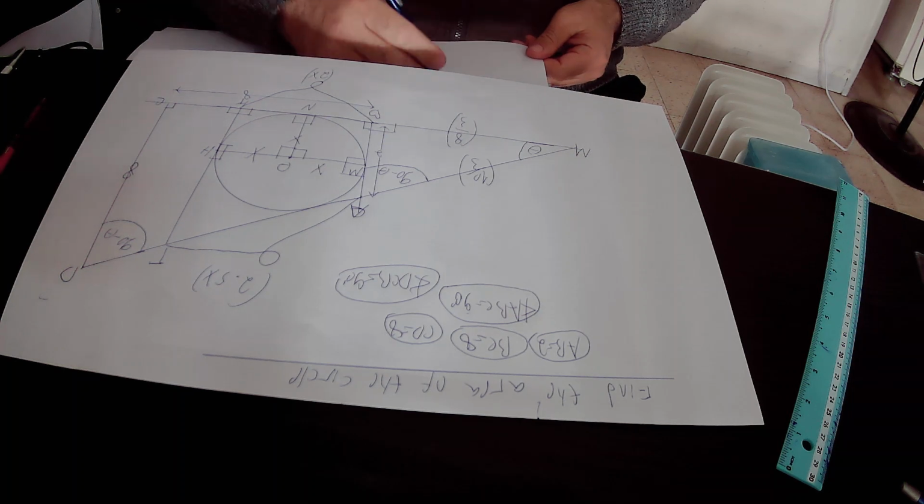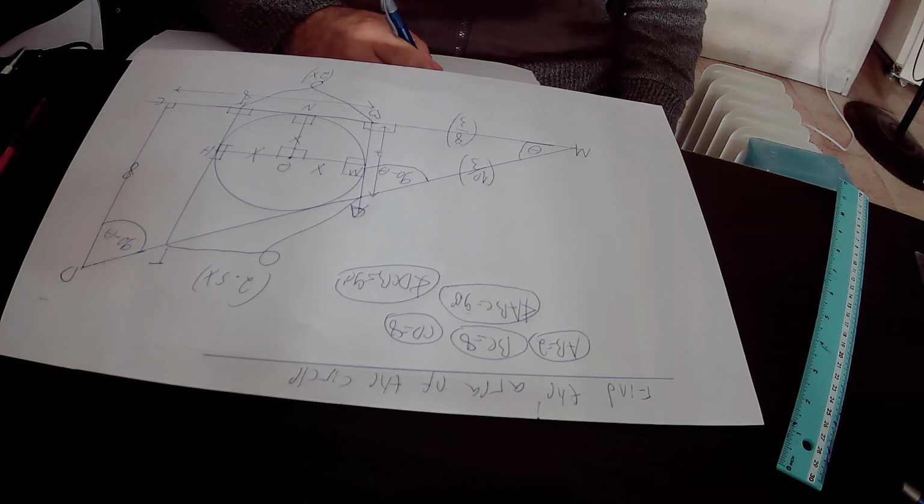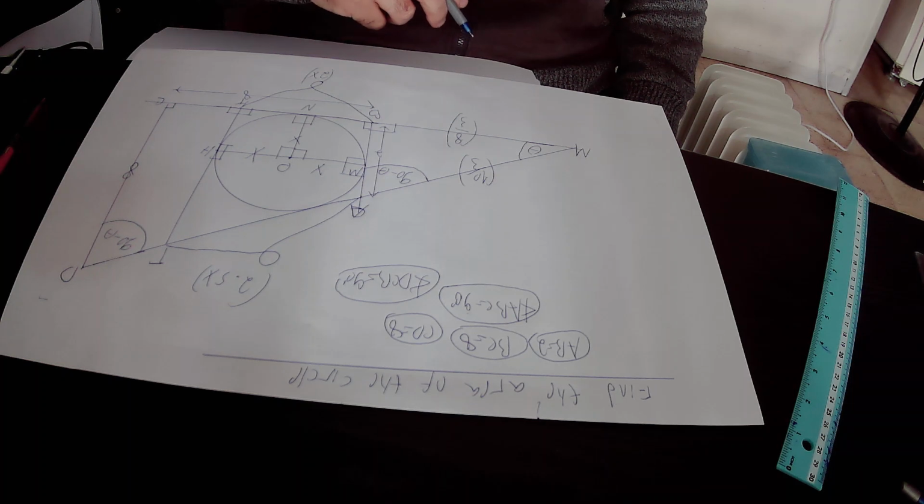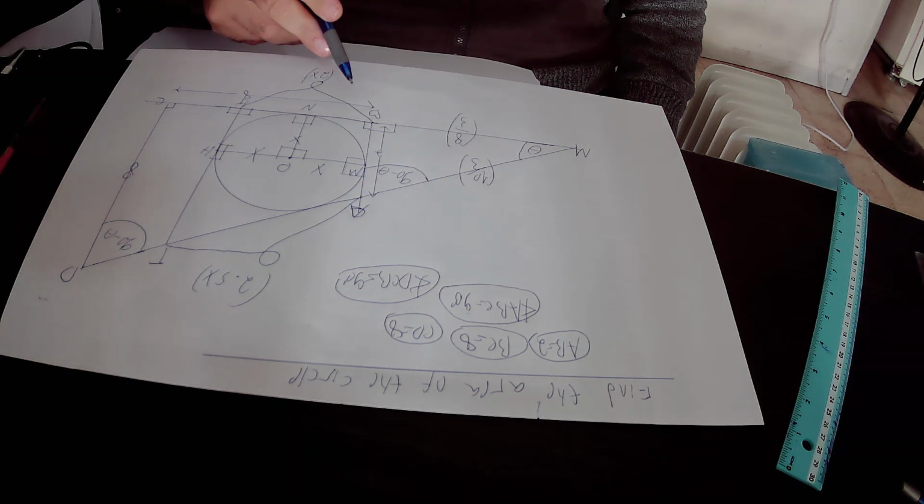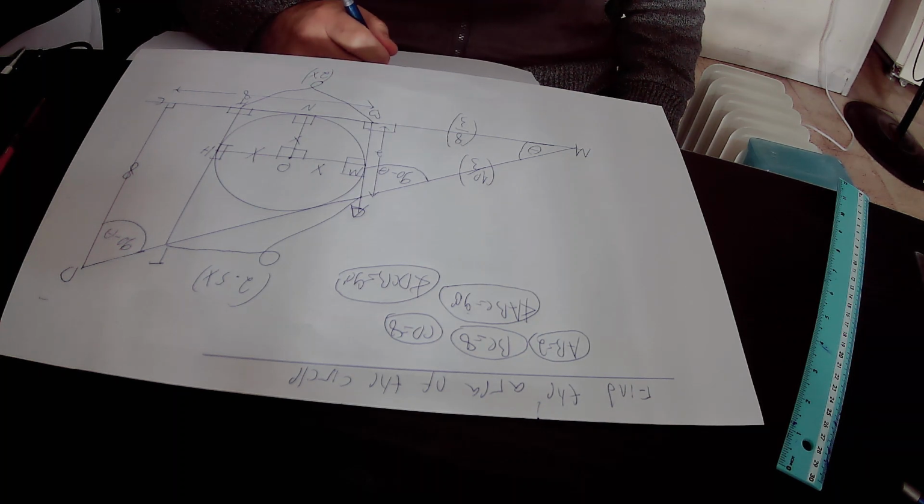Therefore, we substitute AT by 2.5x. Plus BA, or AB, it is the same. It is given in the problem that BA equals 2, therefore we substitute BA by 2.